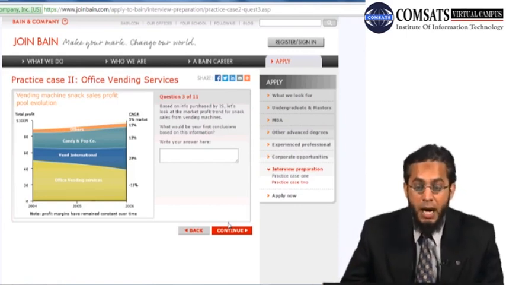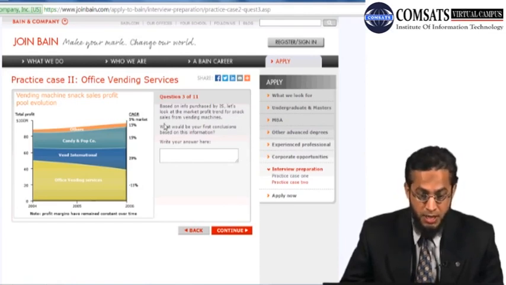तो questions में क्या basically, let's look at the market profit trend for snack sales from vending machines. आपने देखना है market profit trend for snack sales. अच्छा जी, ये क्या लिखा है नीचे?